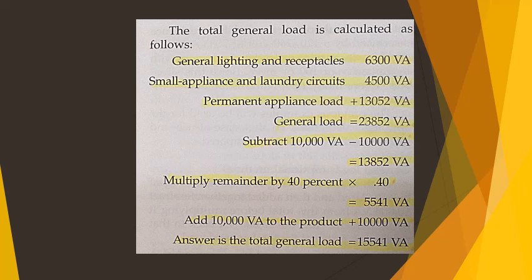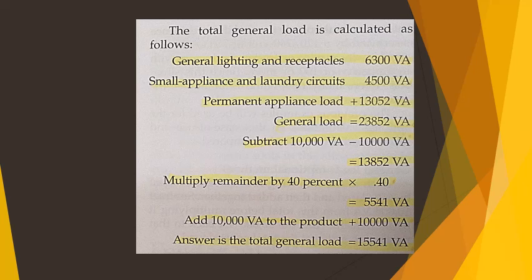The total general load is calculated as follows. General lighting and receptacles in this case is 6,300 VA. Small appliance and laundry circuits is 4,500 VA. The permanent appliance load is 13,052 VA. All of those added gives you 23,852 VA.